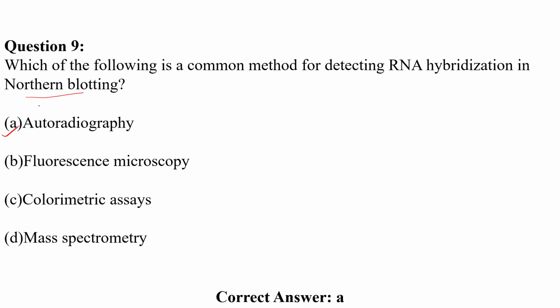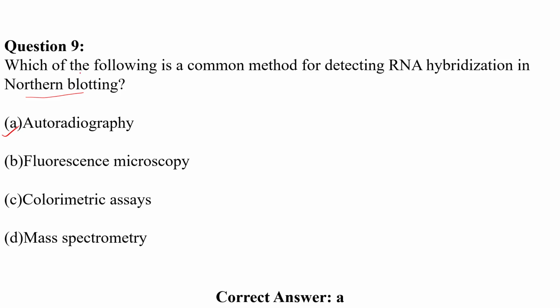If you remember from the previous sessions, we studied a technique called Western blotting, where the protein sequences were separated by SDS-PAGE, and then the protein bands were blotted on a membrane, and that membrane was then tagged with different antibodies to detect the particular protein of interest.